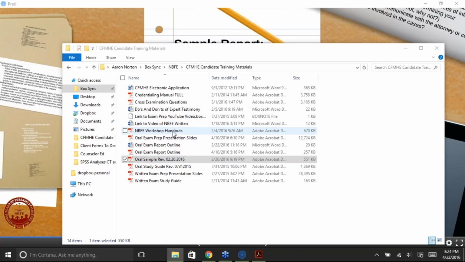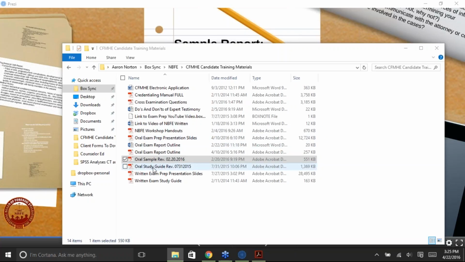Then you see MBFE workshop handouts. Those are the handouts that we give out for the 8-hour training that we provide at the FOMCA annual conference and the AMCA annual conference. Then you have oral exam prep presentation slides. I'm going to be replacing that file this afternoon with the updated version of what you're seeing on the screen right now.